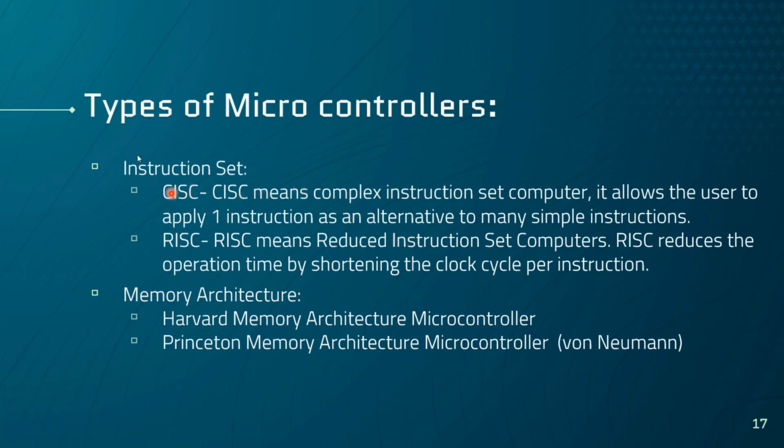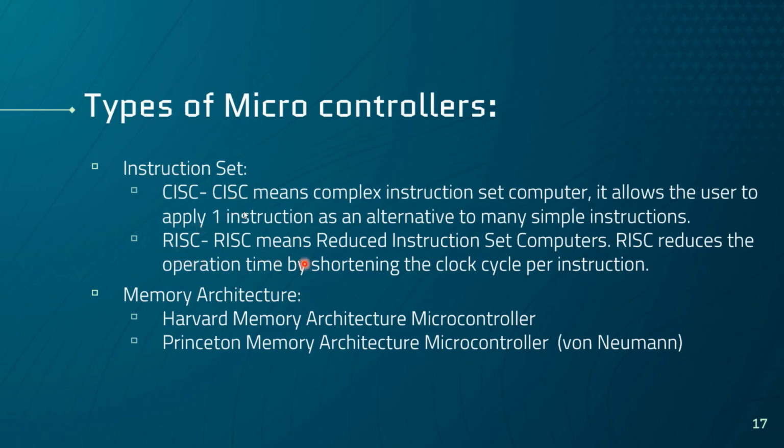The methodology behind complex instructions is that we're going to make instructions that execute complex commands. For example, if you want to multiply certain values in the registers, in CISC we can have a multiply instruction. So we can have an instruction that executes this functionality in one instruction.